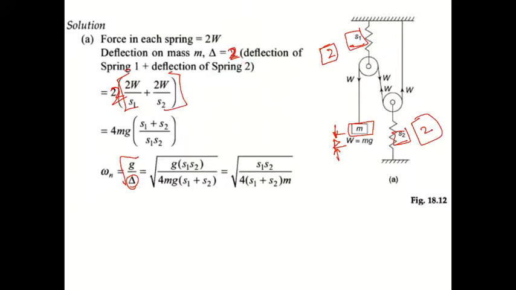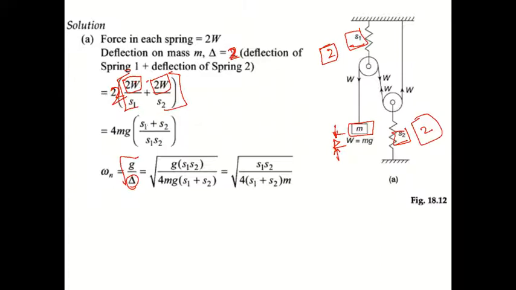Now the deflection formula is load by stiffness. Load on spring 1 is 2W, stiffness value is S1. Load on spring 2 is 2W, stiffness value is S2. Now 2W is common, so take the 2W out.